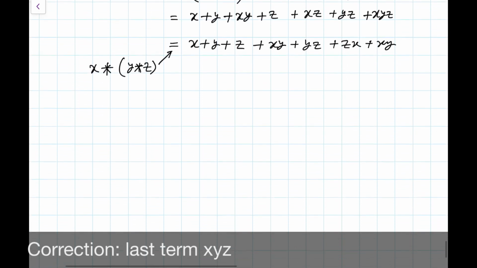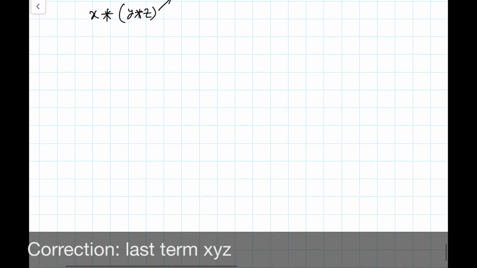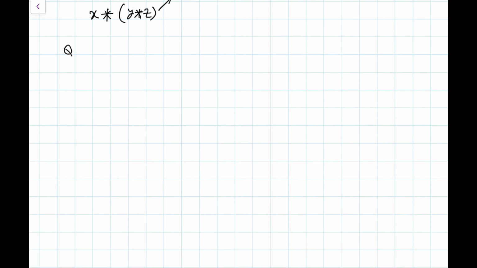Let us conclude this lecture with a question. Suppose we define a set G such that x belongs to R and x is a fraction, a number between 0 and 1, which may include 0.